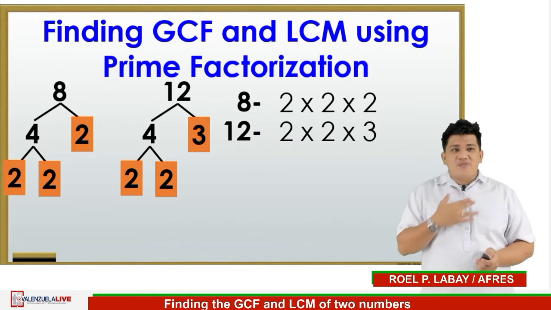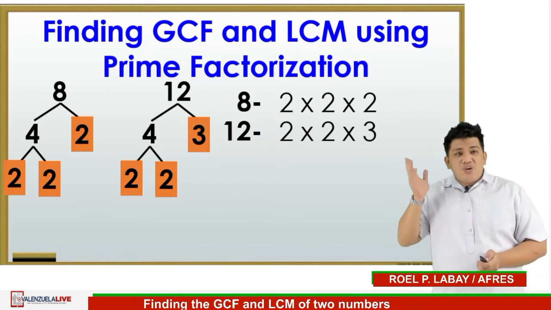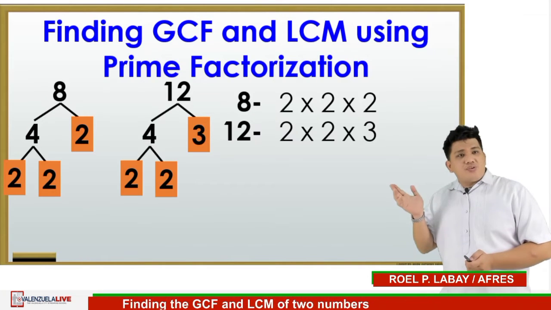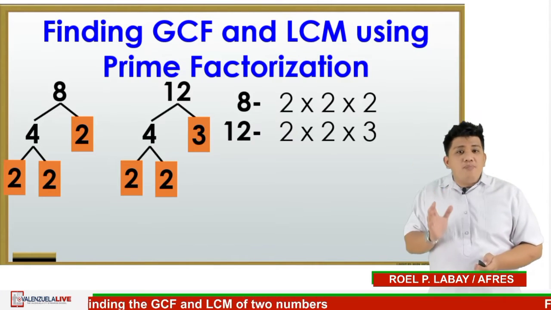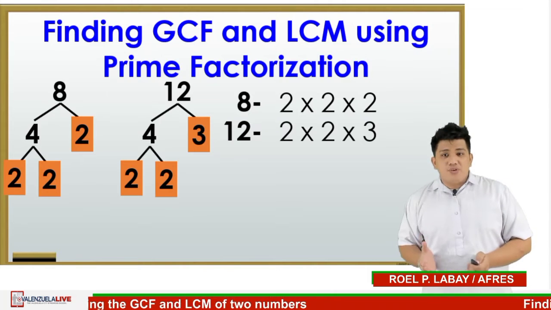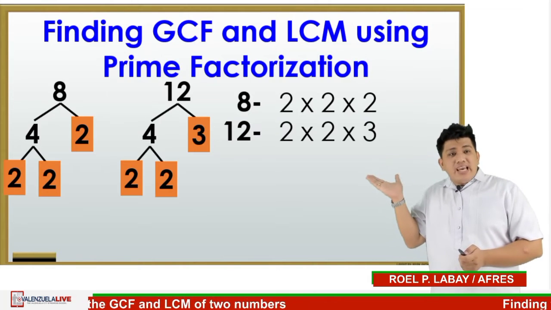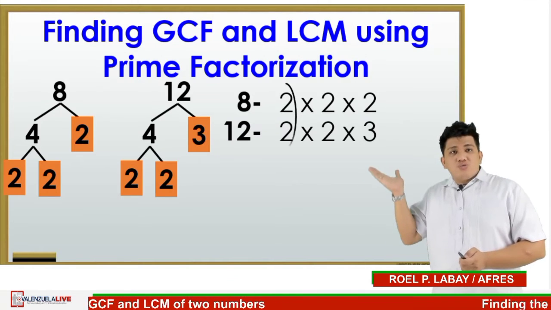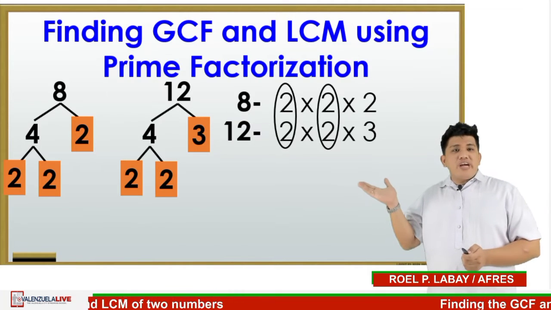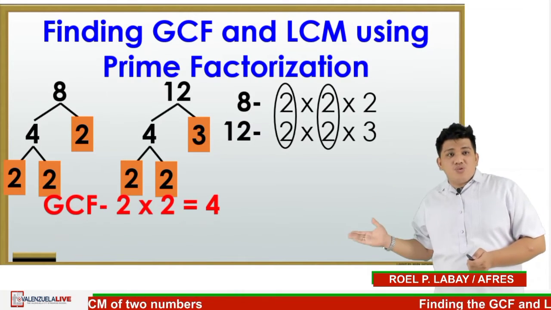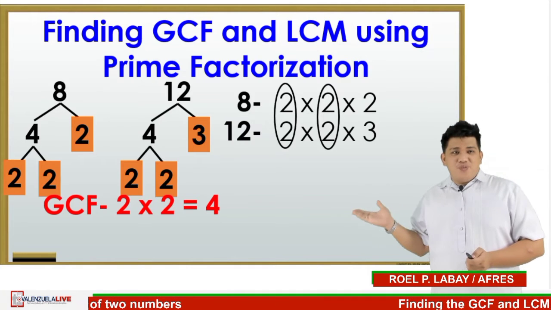Now, listen very carefully. To get the greatest common factor, or the GCF, let's multiply all the common prime factors. The common prime factors of 8 and 12 are 2 and 2. Therefore, the GCF is 2 times 2, which is 4.